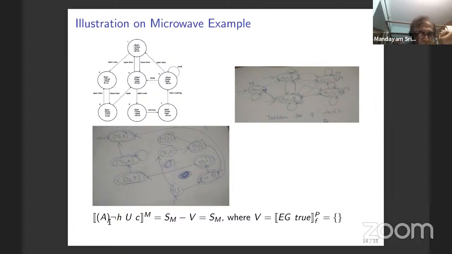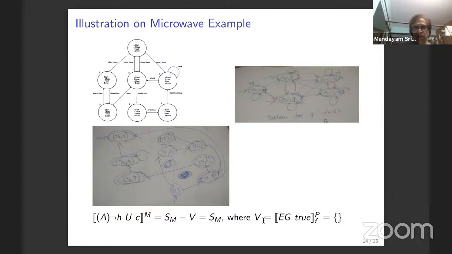So your goal was to check not H until C. Okay, and the product was constructed using the tableau of not phi, and then taking the product machine. And in that, you will check for EG true under fairness, for all the states that contain not phi.